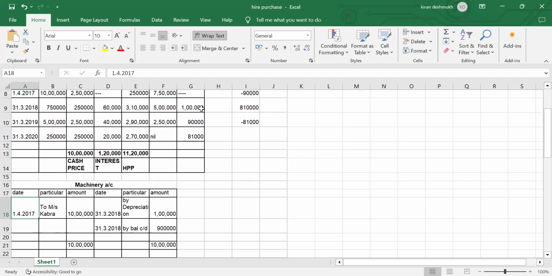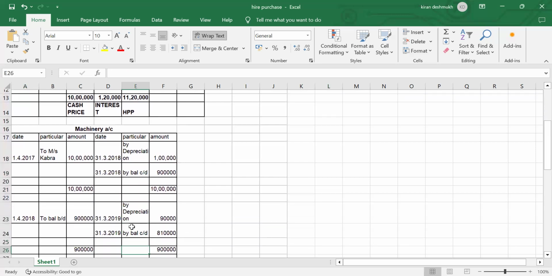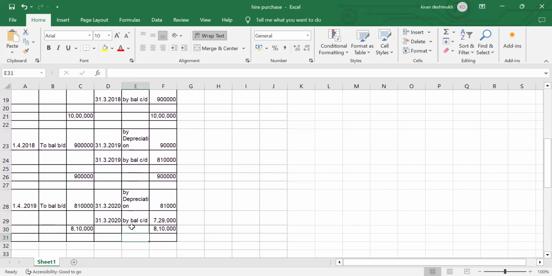This is first year's depreciation, second year's depreciation, and third year's depreciation. Likewise, all the 3 years depreciation is recorded, and we have calculated balance. Closing balance comes to 7,29,000. So we have prepared this as an asset account.